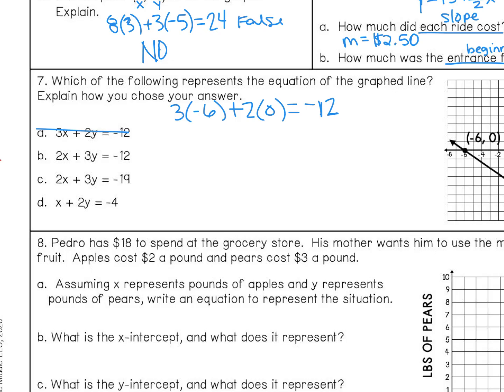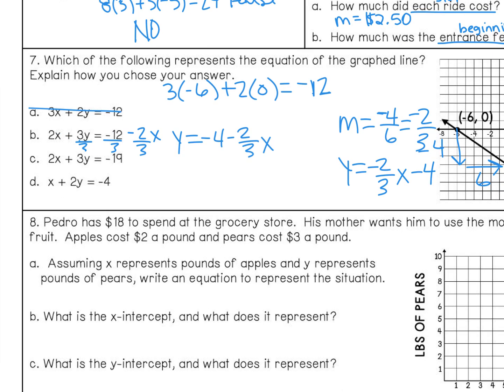It's up to you. I want you to keep working through it. So the answer is B. I went ahead and showed a different way. I took the graph and wrote my y equals mx plus b equation, and then on B I moved my x and divided, and it happened to be B. So you have a lot of different methods you could use to solve this, so you just pick the way that works best for you.